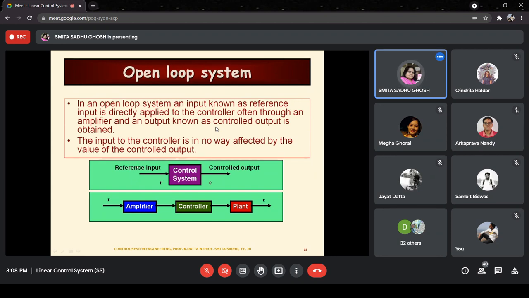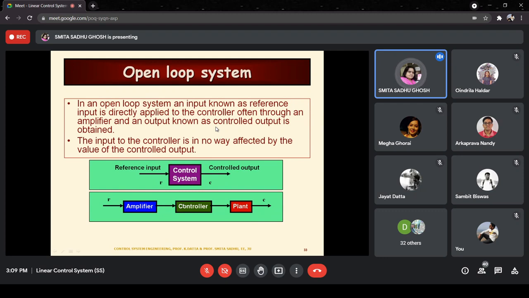Now, by application of a reference input, we try to get a desired output, right? Often the reference input that we have has to be amplified, so the amplifier is shown explicitly. It may be that no amplifier is required, in which case the amplifier gain is taken equal to 1. So it's a general thing that we have put over here.